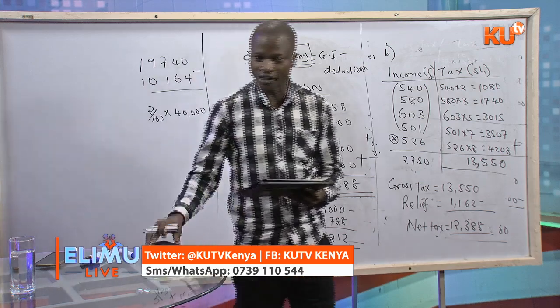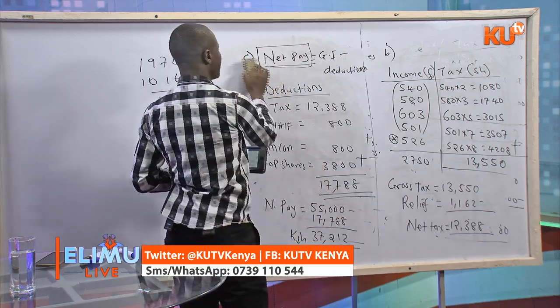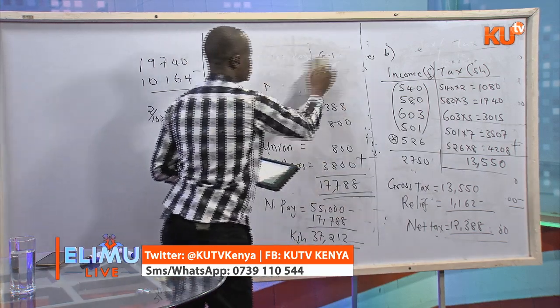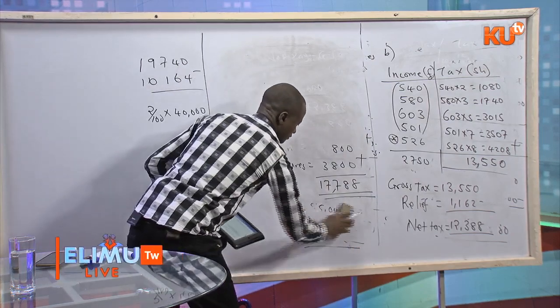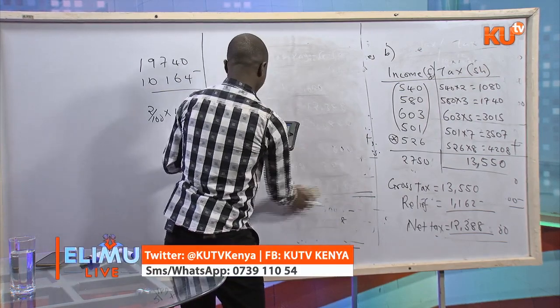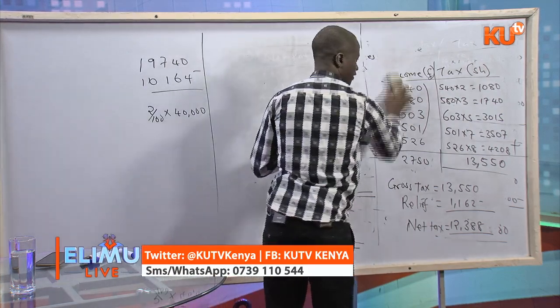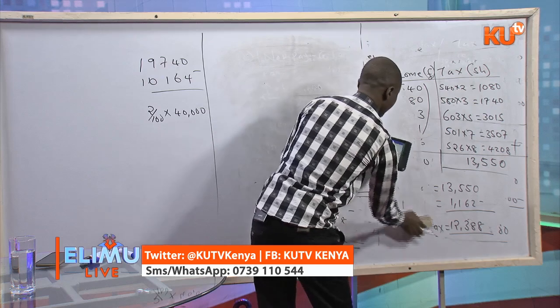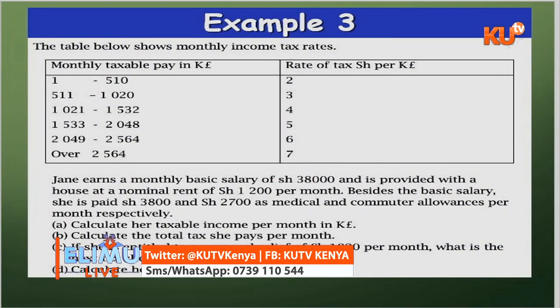Now example 3. Let's look at a case where someone is provided with a company house. What happens to such an employee? It says the table below shows monthly income tax rates. Then we have the table there. Jane earns a monthly basic salary of 38,000.